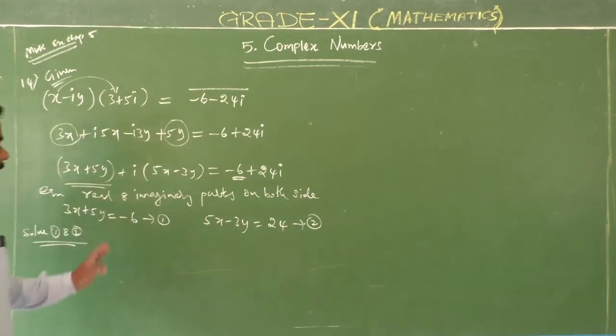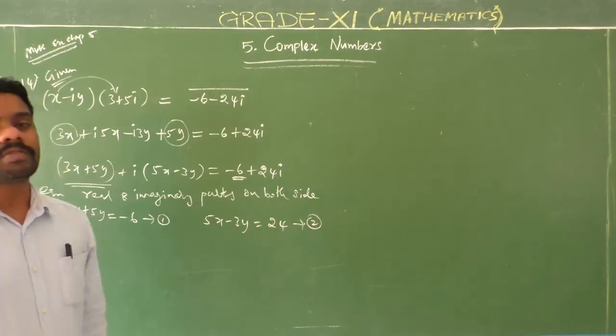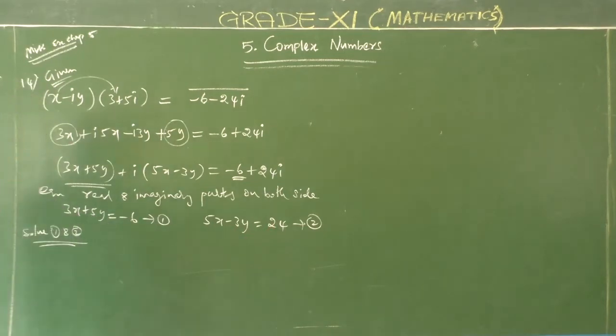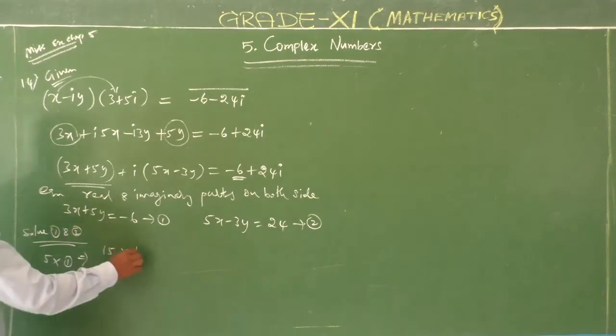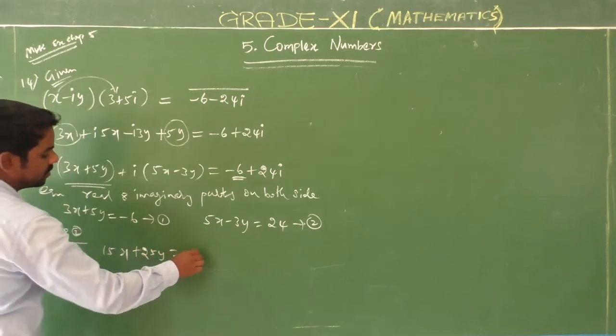3x plus 5y equal to minus 6 and 5x minus 3y equal to 24. Multiply equation number 1 by 5, which gives 15x plus 25y is equal to minus 30.